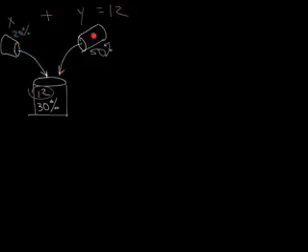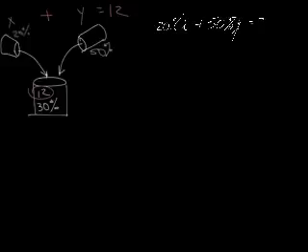So we're looking at how much times the percent plus how much times the percent gives us the total amount and the percent. So if you were to write this as an equation, it would be 20% of X plus 50% of Y equals 30% of 12.